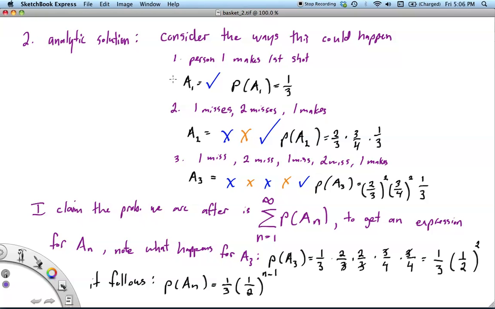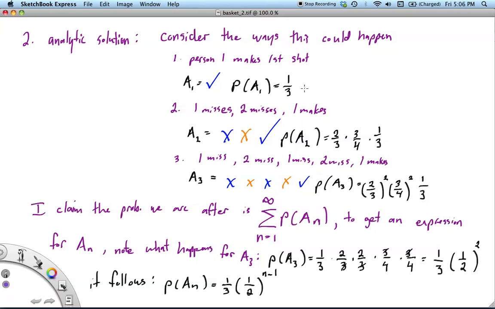They head out to the basketball court, person 1 picks up the basketball, and they shoot, and they score! In that case, the trial would be over. Person 1 would have made their shot, game over. And the probability of that happening would just be 1/3, because that's the probability of person 1 making a basket.